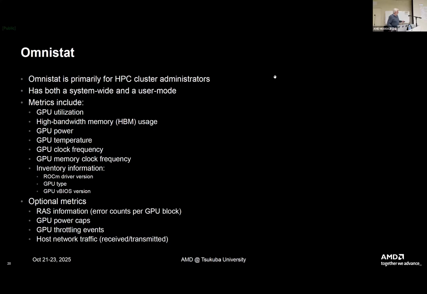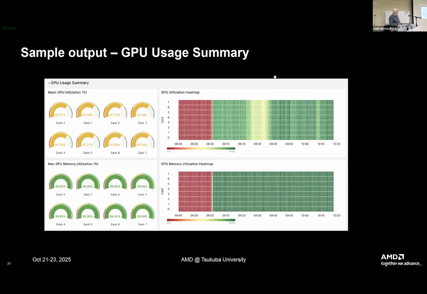So here's some sample view of what is coming out of this. So we can see here each of the cards in the system, the memory utilization. That gives us an idea if we've got one of the GPUs not performing correctly.